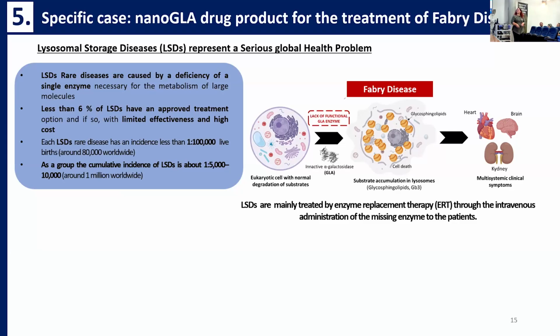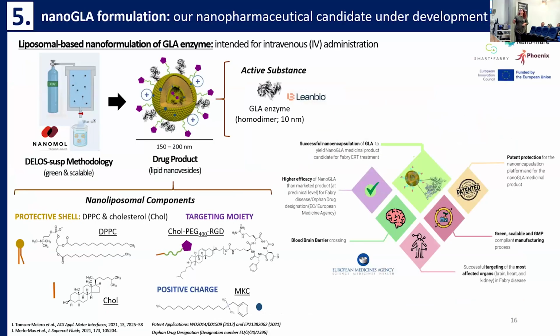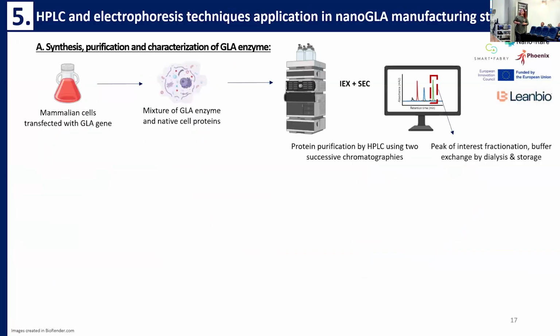I want to talk about a specific case. It's a liposomal-based formulation that has been developed here in the Nanomol Bio group. This formulation has entrapped an enzyme that is the active substance. During the manufacturing steps, we implemented the use of different techniques that I explained here.